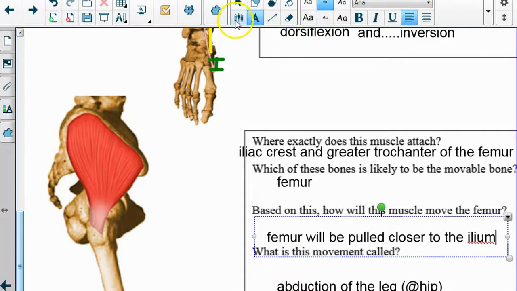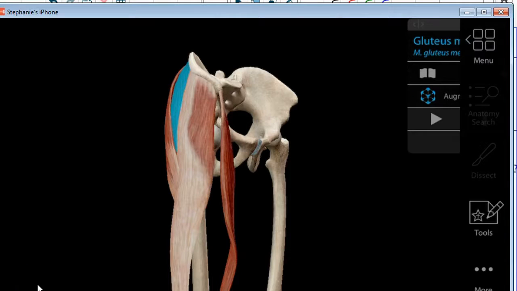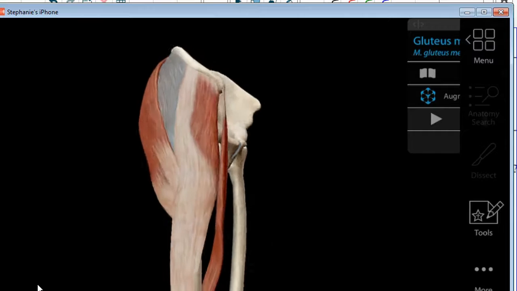So I would go ahead and put in our O's and I's, O all along this top end, I at the greater trochanter, and as we have discussed, I moves to O, which would cause hip abduction, and the femur will come out towards us. And lastly, just to illustrate that concept, here I have our model.